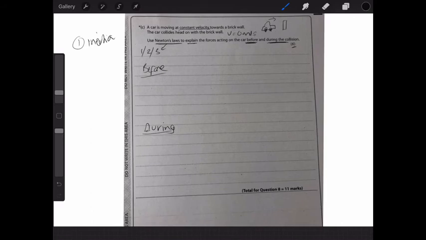So if forces are balanced, nothing will change, and that's what's happening at the start here, is it's at a constant velocity. So that means at the start there is no resultant force, or the resultant force is 0. There is no acceleration because everything's staying the same. There's no change in any of the motion, no change at all. It's obeying Newton's first law of motion.